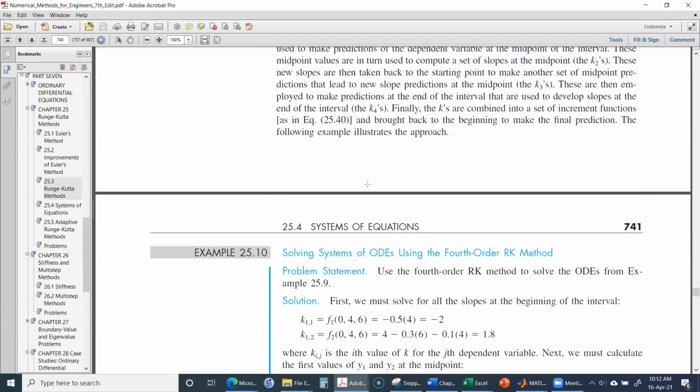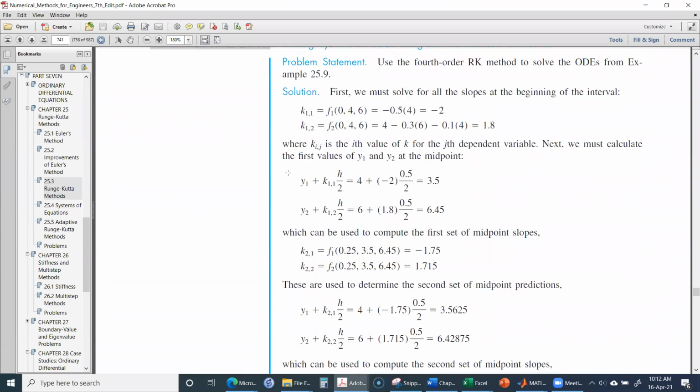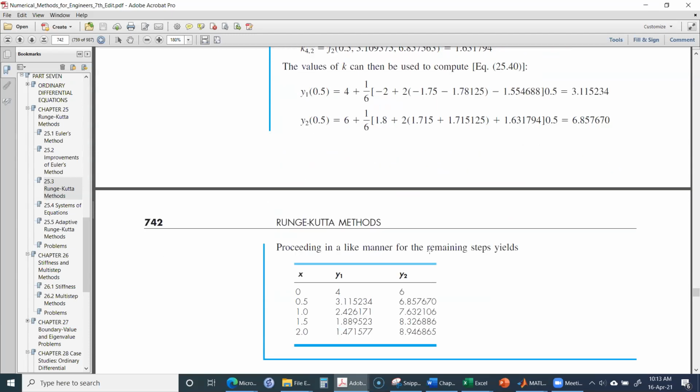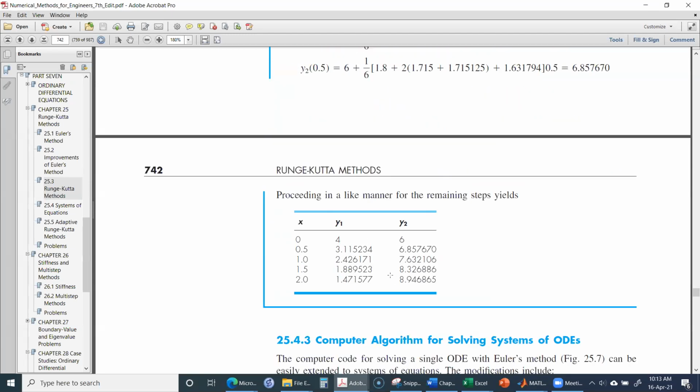That will give us, for example, K1 for the first equation, K1 for the second equation. Then we will calculate K2 for the first equation, K2 for the second equation in a likewise manner. In this way, it will be gradually calculated, and then we will get these values.